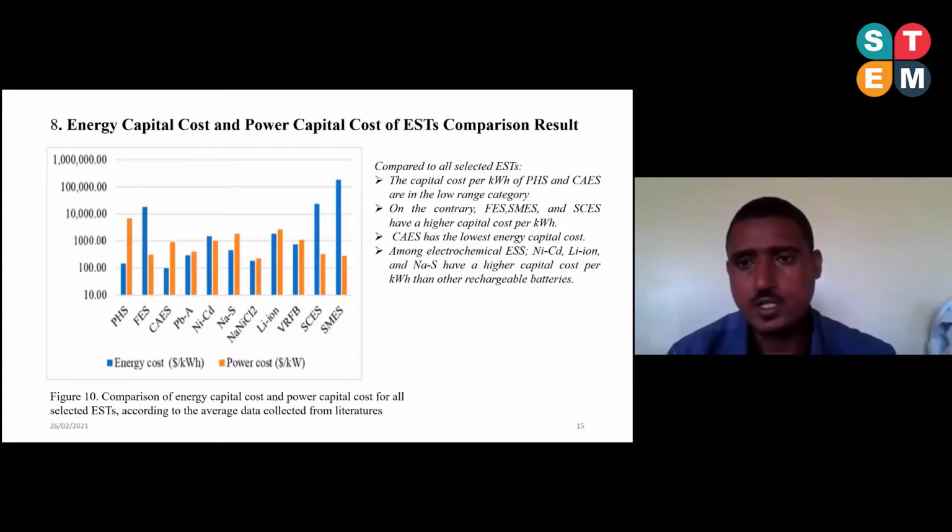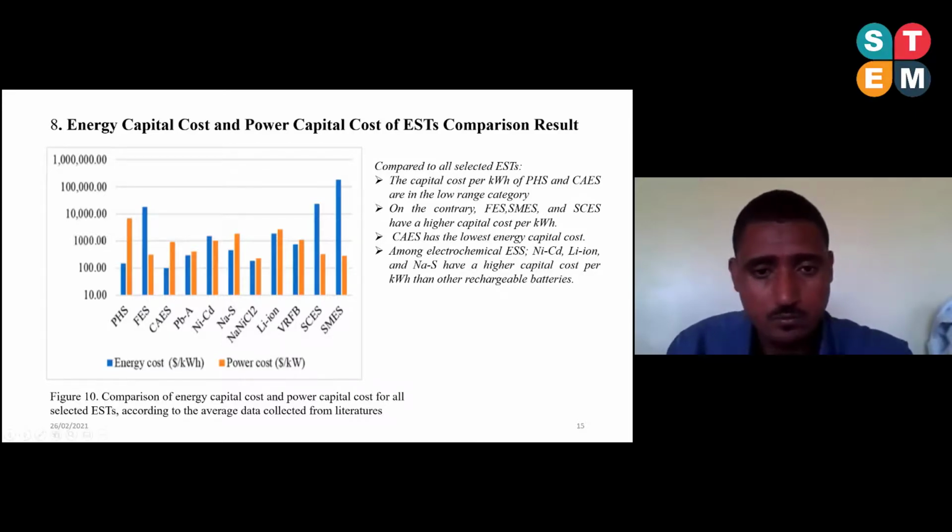And on the contrary, the flow battery and supercapacitor and superconducting magnetic energy storage have higher capital cost per kilowatt hour. So if you compare among electrochemical energy storage, nickel cadmium and lithium ion and sodium sulfur have higher capital cost per kilowatt hour than other rechargeable batteries.